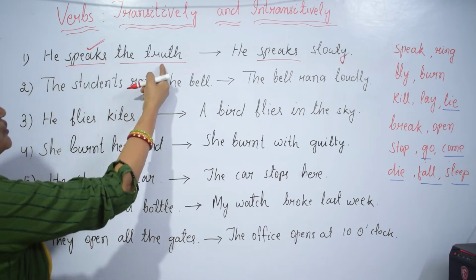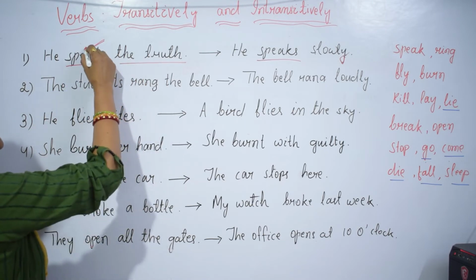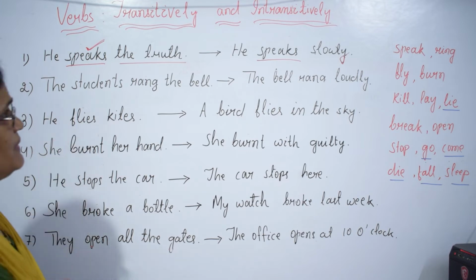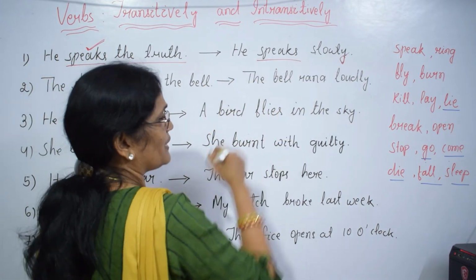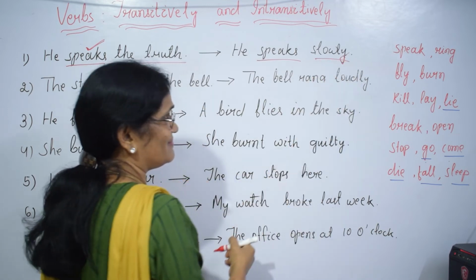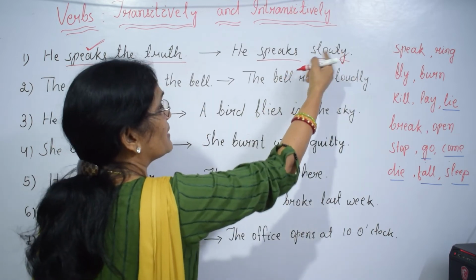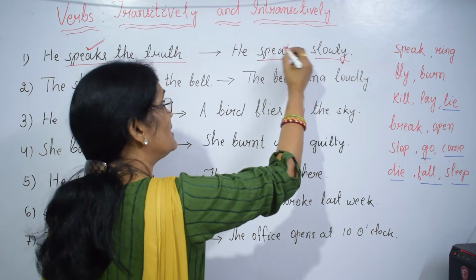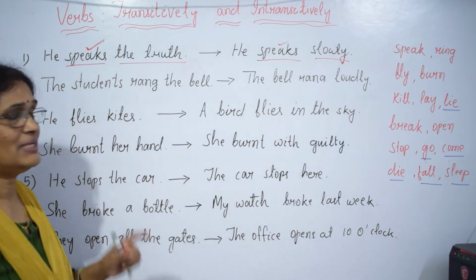Speaks what? The truth. So here speaks is used transitively. He speaks slowly. He speaks how? It is an adverb. Speaks how? Slowly. Here the verb is used intransitively.